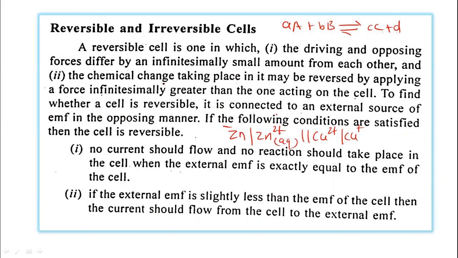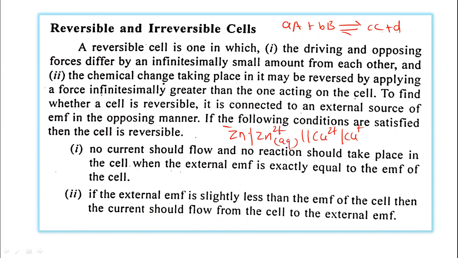When we operate this cell, the driving and opposing forces differ by an infinitesimally small amount. Driving force means when the electricity is generated from the cell, then the driving force will be greater.